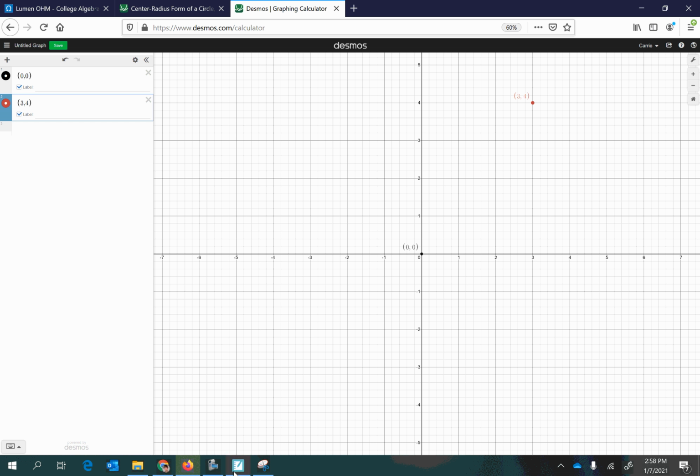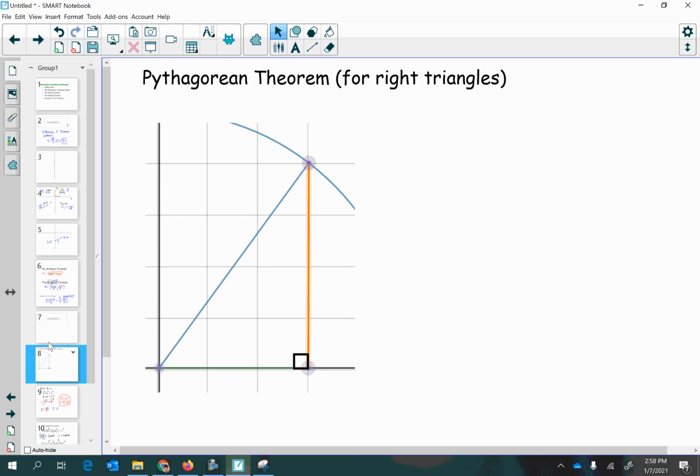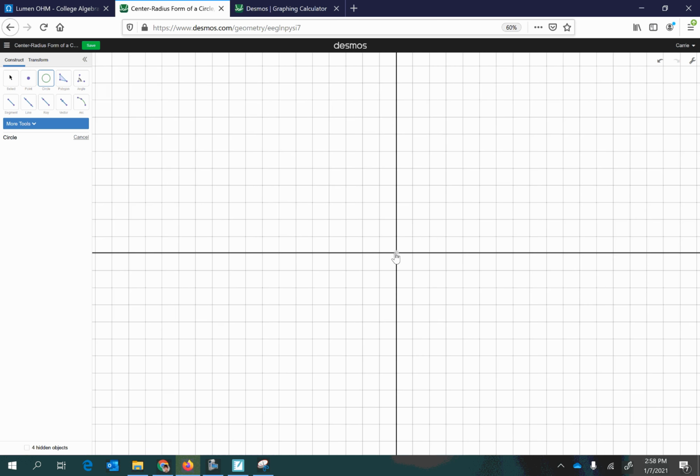Now, I could simply use the distance formula, but there's a way to use the Pythagorean theorem. And before I even get into why I know I can use the Pythagorean theorem, I'm going to show you how to use a circle from the origin. We're going to go to the point 3, 4, so over 1, 2, 3, and up 1, 2, 3, 4.